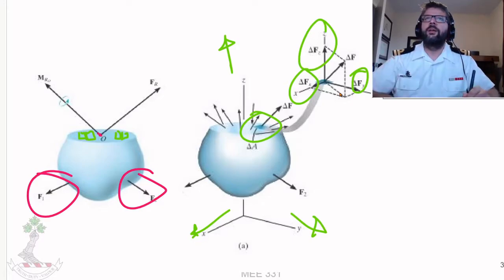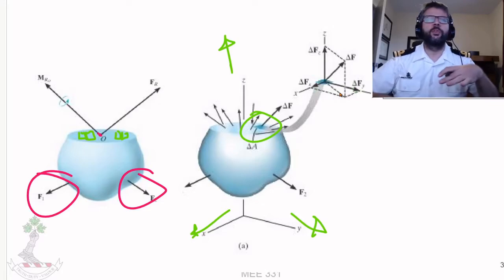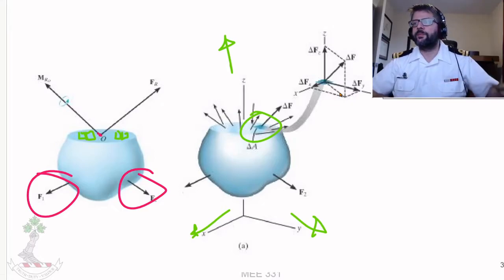So we would consider the forces in the y and the forces in the x direction to be shear forces, and the forces in the z direction to be axial or normal forces.